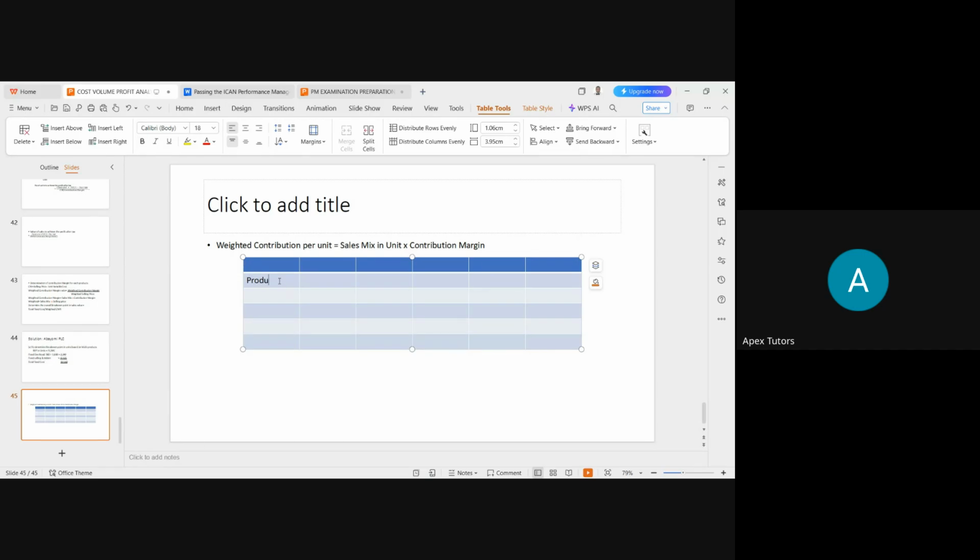We have product A, and we have product B. Now, the sales value of product A is what? Because we are not given the units in the question. If you check, you are not given the units. So you need to determine the units. How do you determine the units?